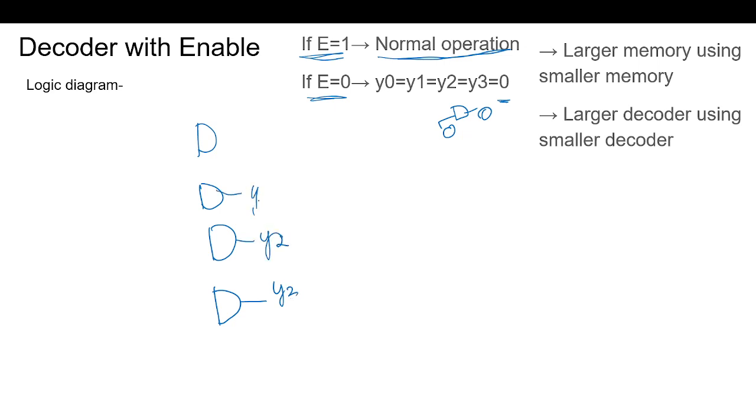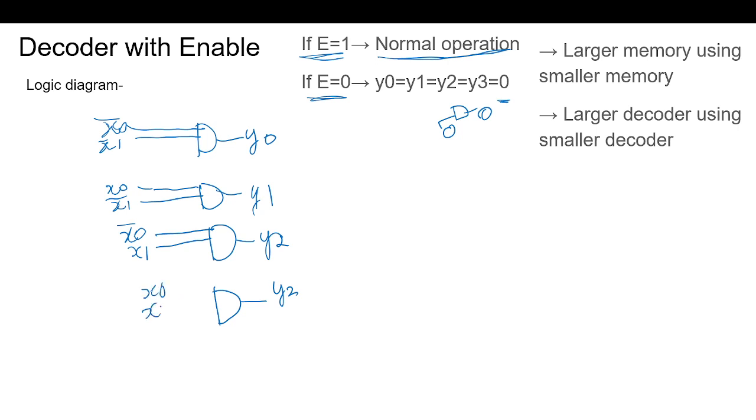Y2, Y1, Y0, X1, X0. For this, I will connect a third input, just the enable signal.